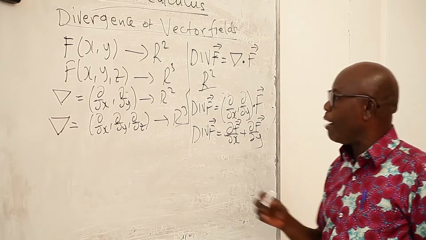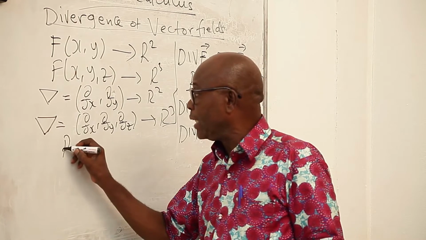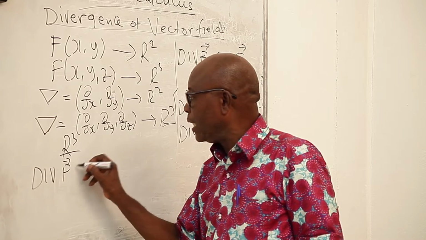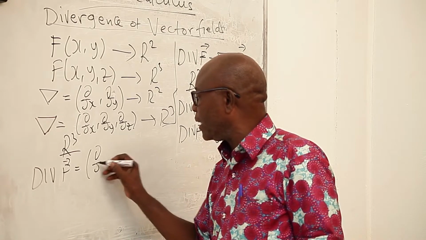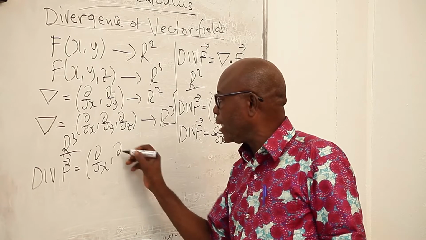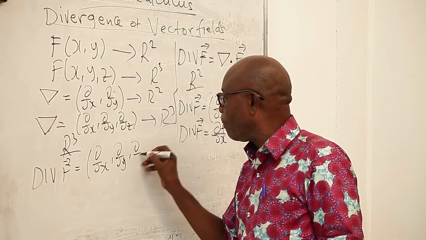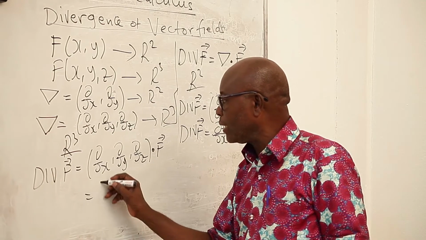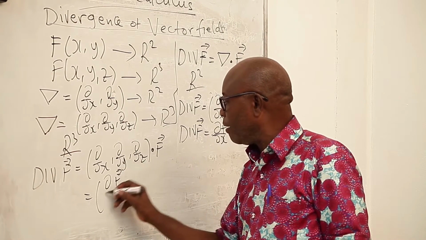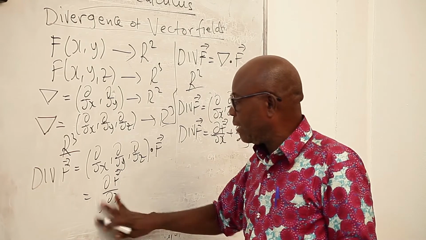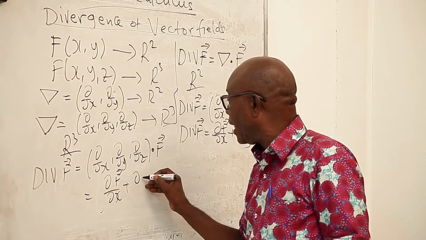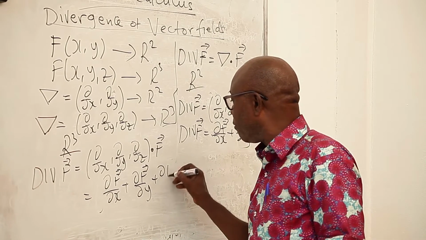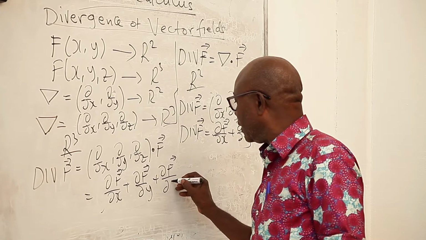And then when we have three dimensions, our divergence f is defined as partial x, partial y, partial z dot f. And that also gives us partial f partial x plus partial f partial y plus partial f partial z.